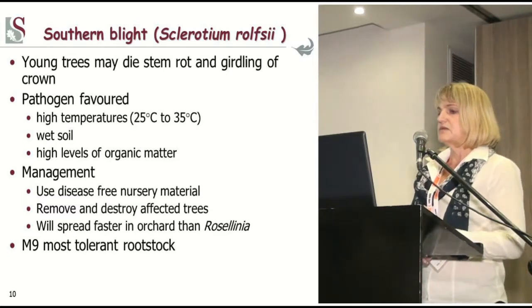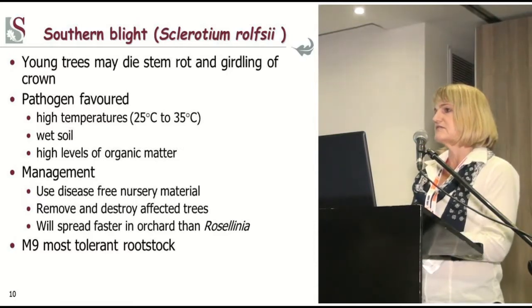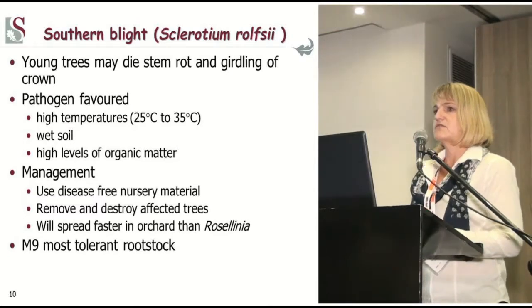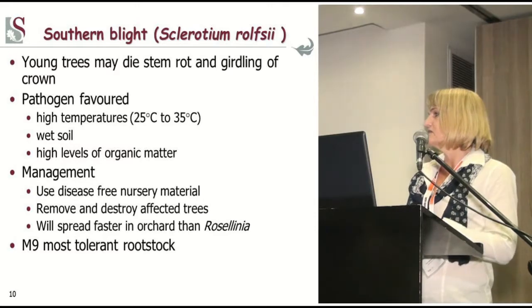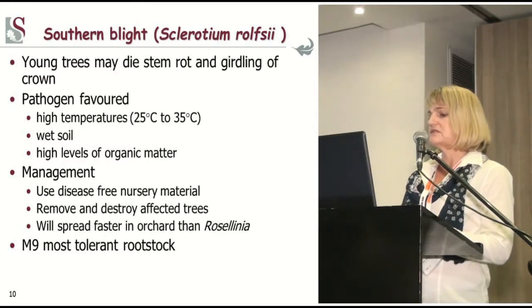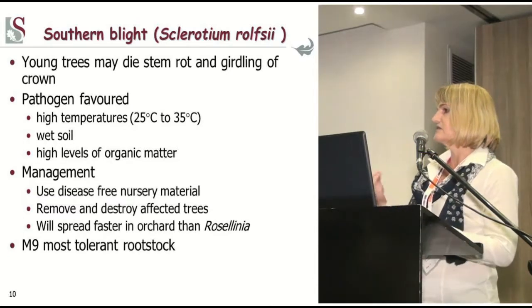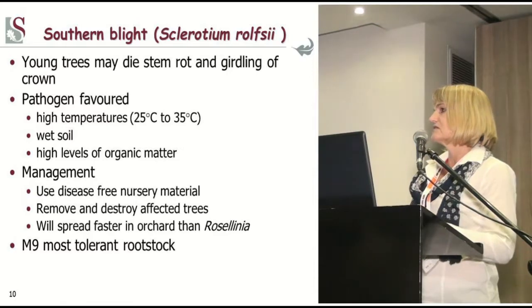Managing is very similar to Rosellinia. Once you see a tree that is affected in the orchard, you need to remove it. And also be careful, because on several occasions where we've seen this, the disease actually came from nursery materials. And because, as I already mentioned, it produces these small resistant spores, it's going to spread faster in your orchard.